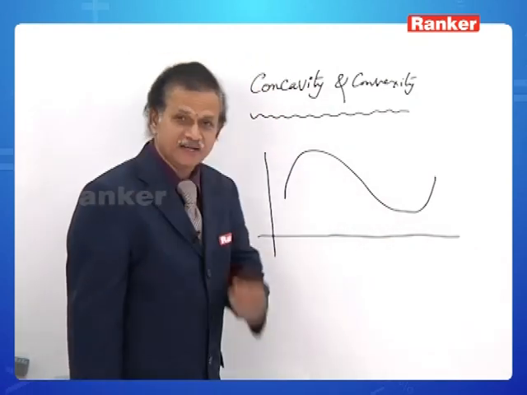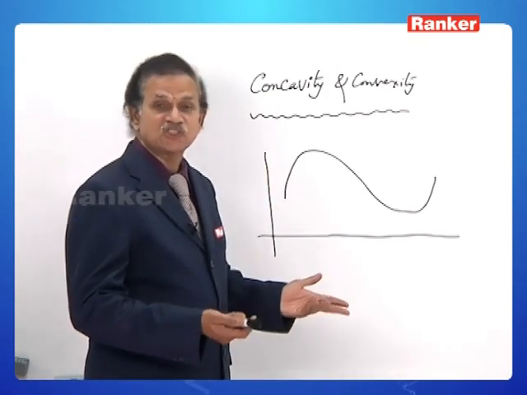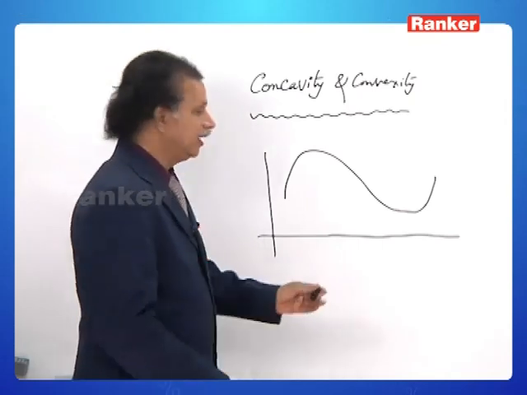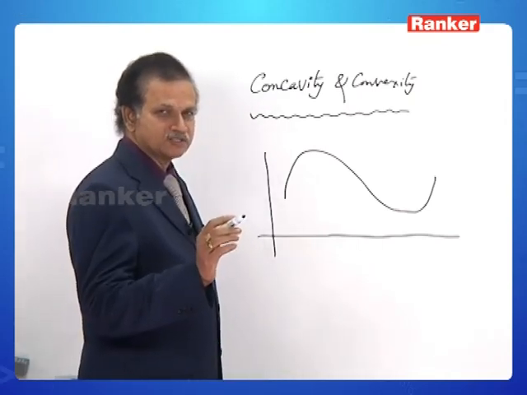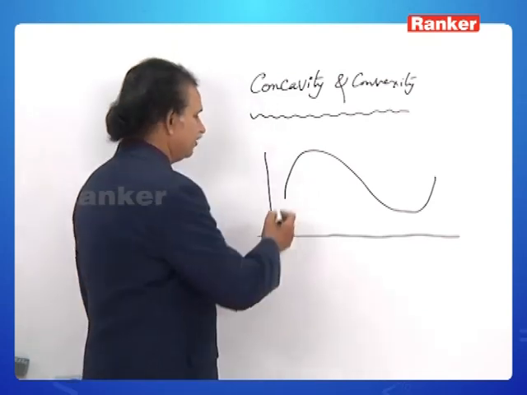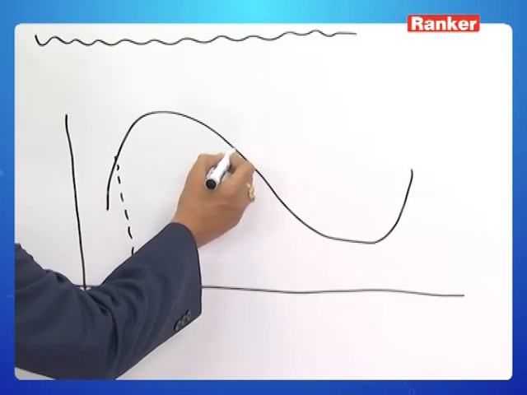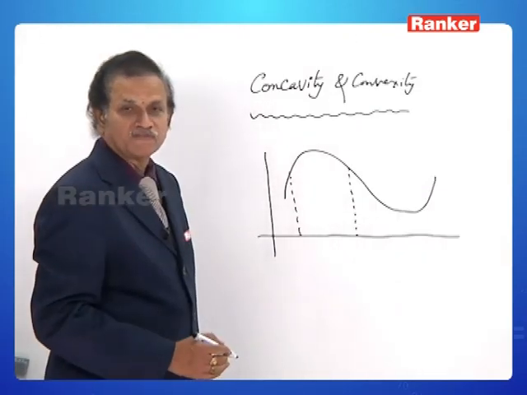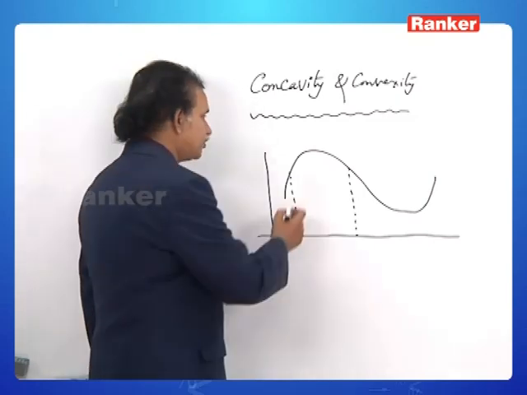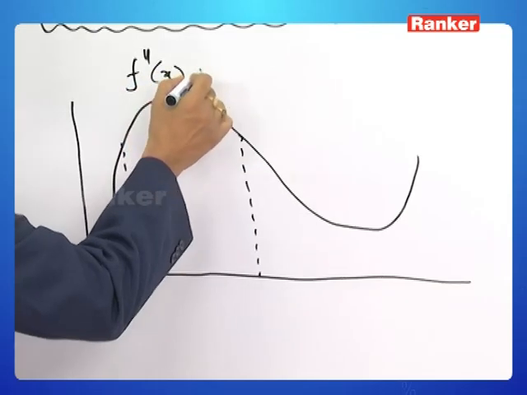Well, when can you say that a particular function is convex or concave? If you want to say that the function is convex in a particular region, what should happen? f double dash x must be less than 0.